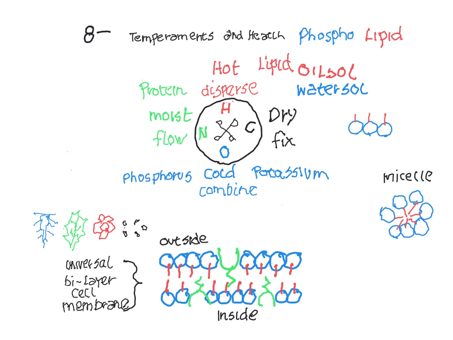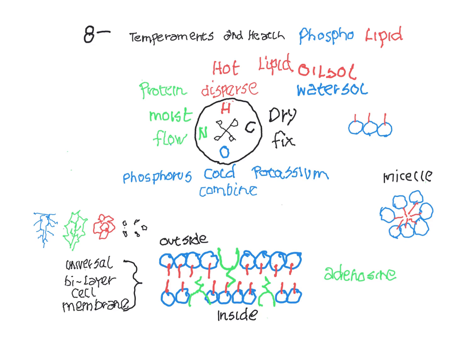Now this is important because down the road, that phosphorus and the protein need to come together in a compound that is extremely important for life, and that is adenosine.